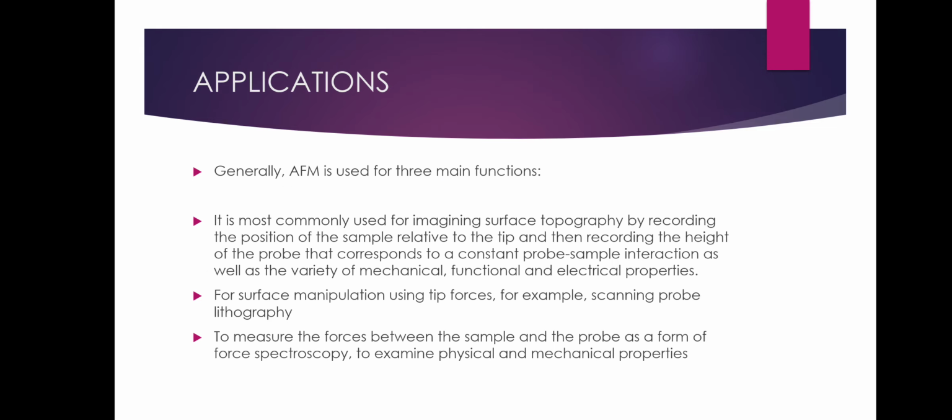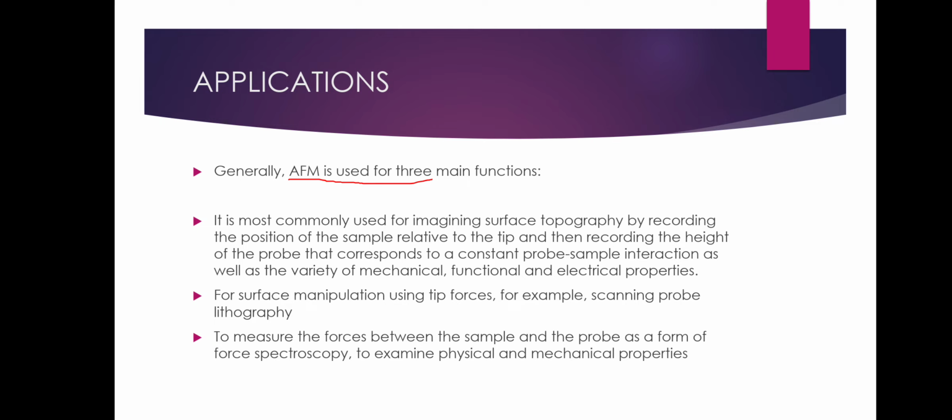And applications. So AFM generally has three main applications or functions. First of all, as we discussed earlier, it is most commonly used for imaging surface topography by recording the position of the sample relative to the tip, and then recording the height of the probe that corresponds to a constant probe sample interaction, as well as a variety of mechanical, functional, and electrical properties.